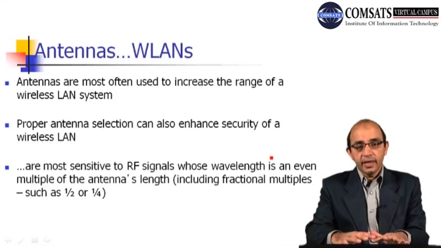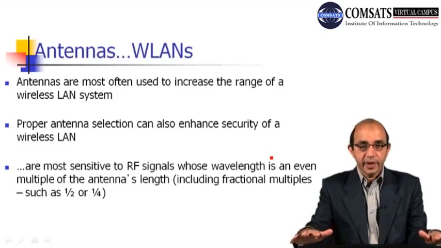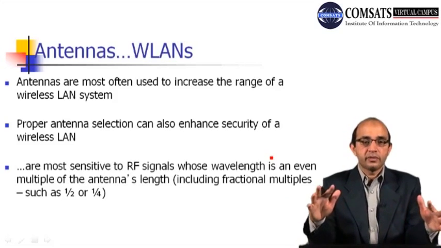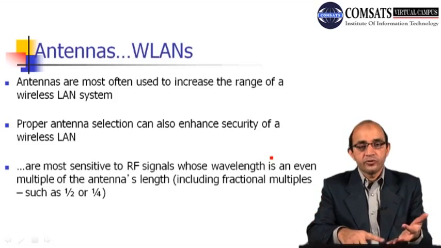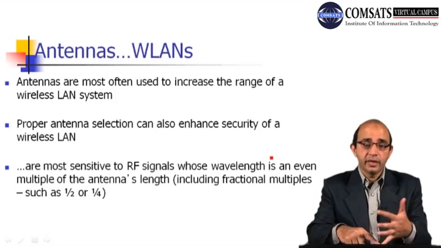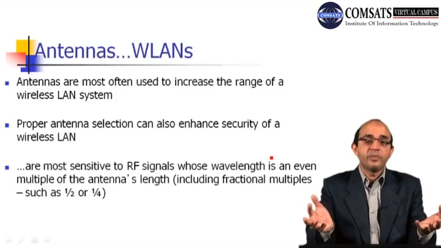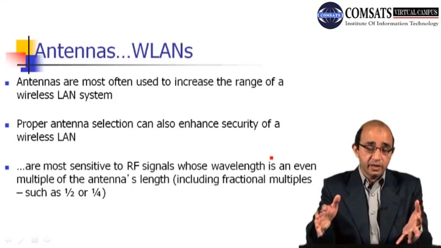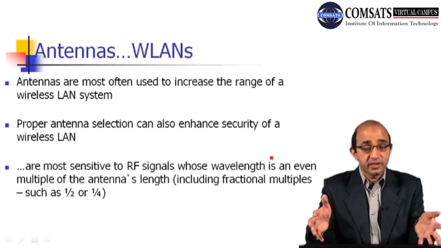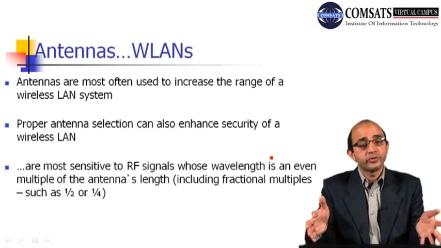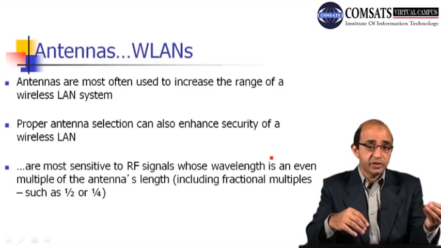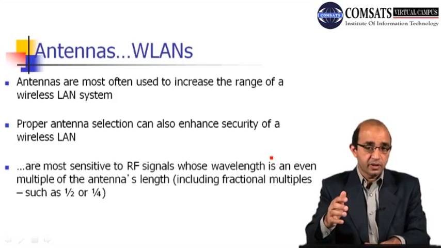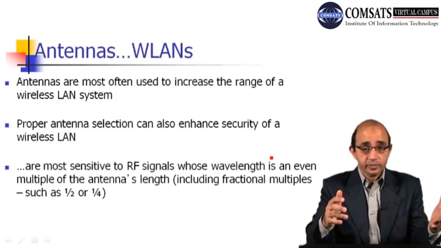So the existing LAN will be acting as a backbone, and on top of it we will be laying down the wireless LAN. In that case we have to take into account a few factors. First, the technology: the wireless technology should be compatible with, and use, the existing LAN infrastructure as a backbone. There should be frequent data transmission and reception between the backbone, that is the existing LAN infrastructure, and the wireless.